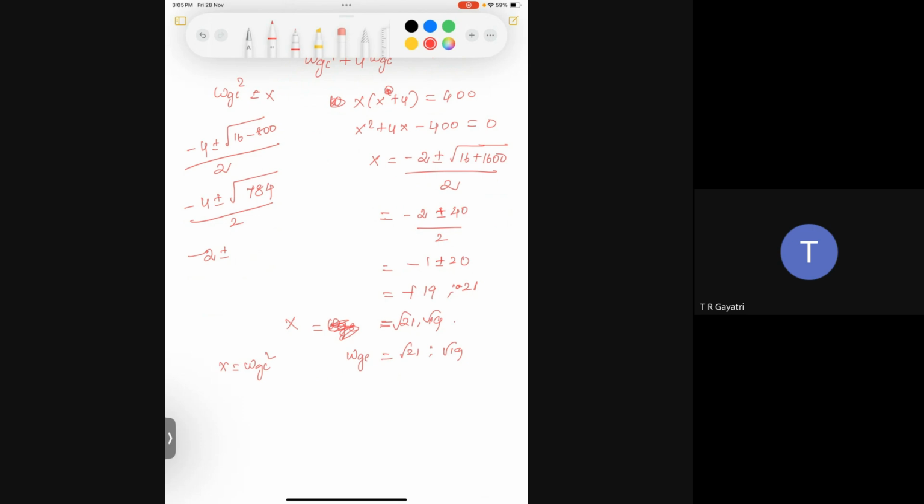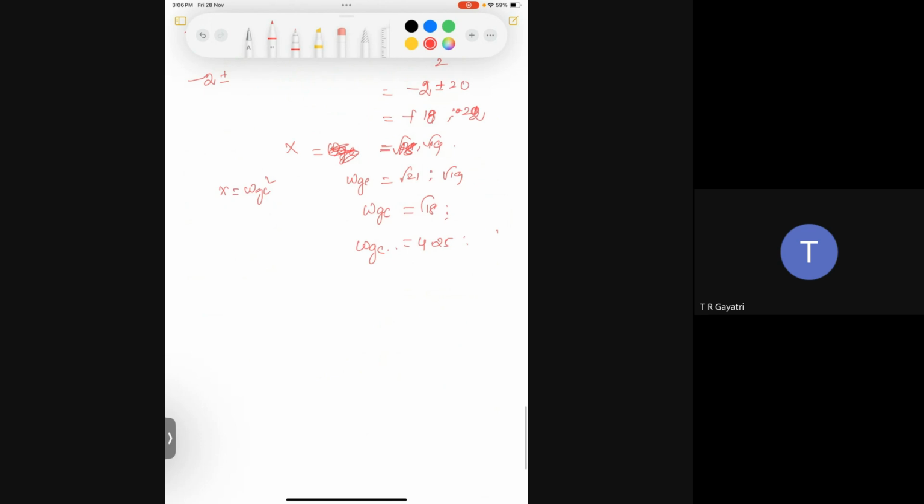Taking x as 18, we will get omega gc is equal to root of 18, which is around 4.25. So this is your omega gc.